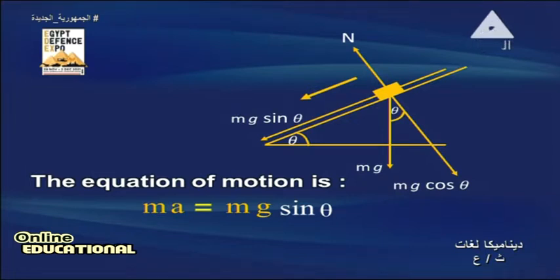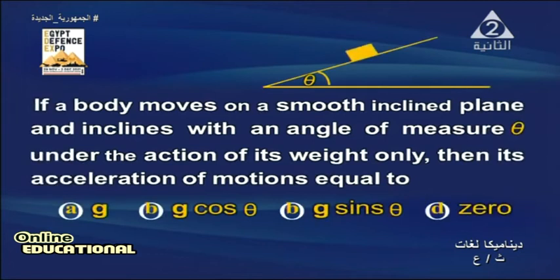We can cancel the mass from both sides. Then the acceleration A equals g sine theta. Then if a body moves on a smooth inclined plane inclined with an angle of measure theta under the action of its weight only, then its acceleration of motion equals g sine theta.